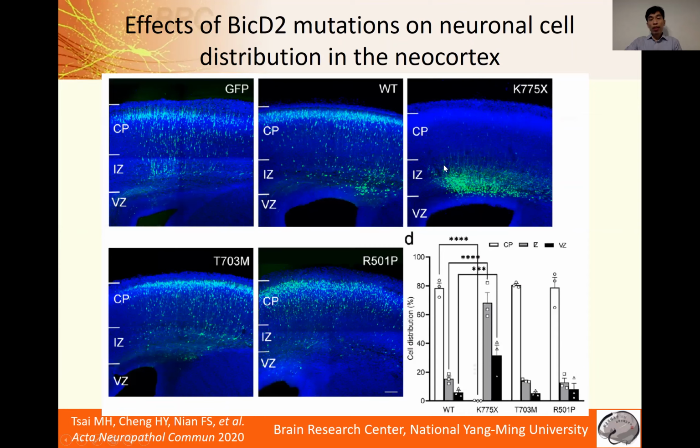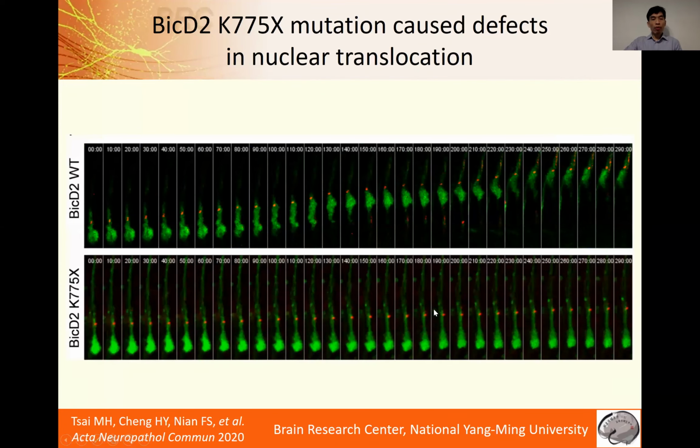As you can see, when we express this truncated BicD2, you can see a very severe delay in neuronal migration. But when we express the SMA-associated mutants, you can see most of the cells can still migrate to the cortex. We then looked at whether the centrosome movement is also affected.